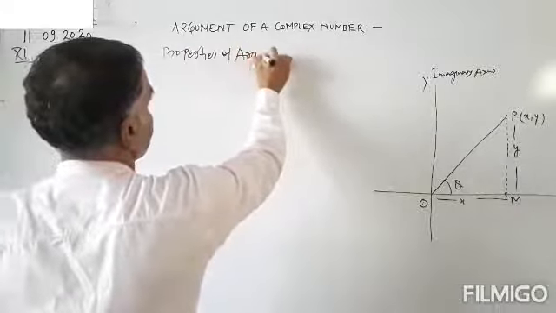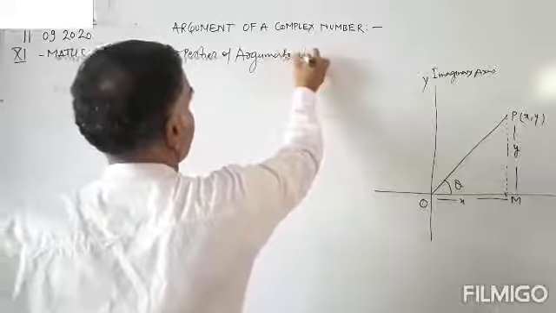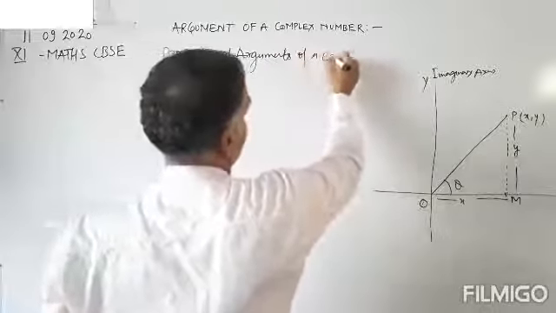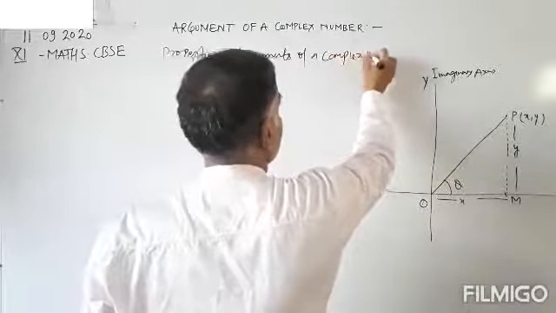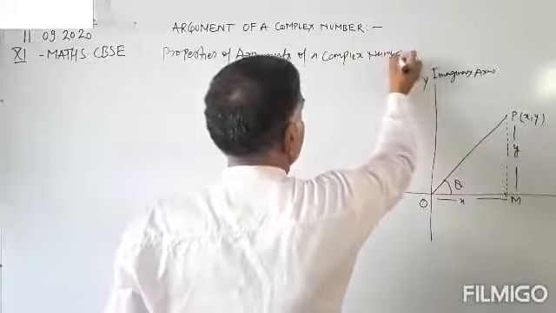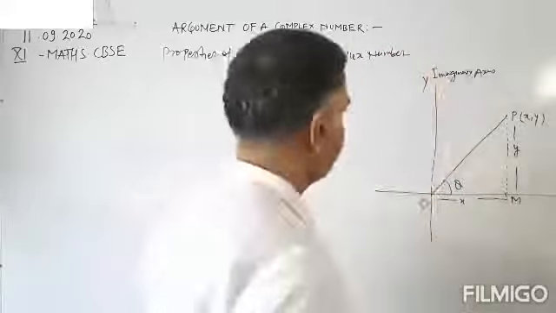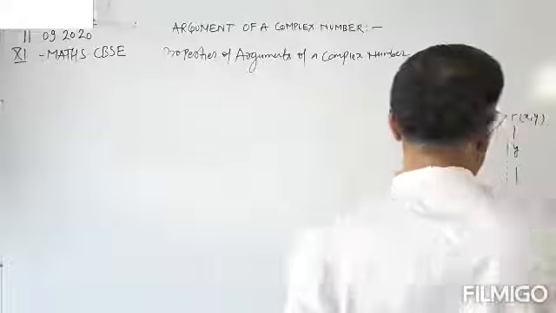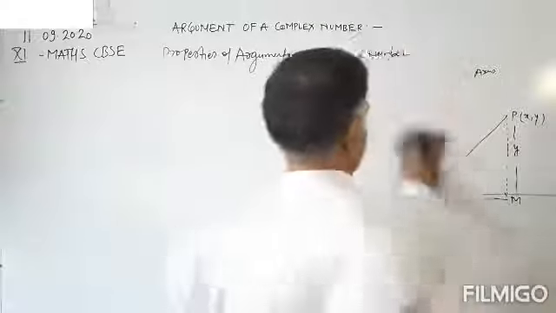Properties of the arguments of a complex number. No need of this diagram, so let us wipe this out.